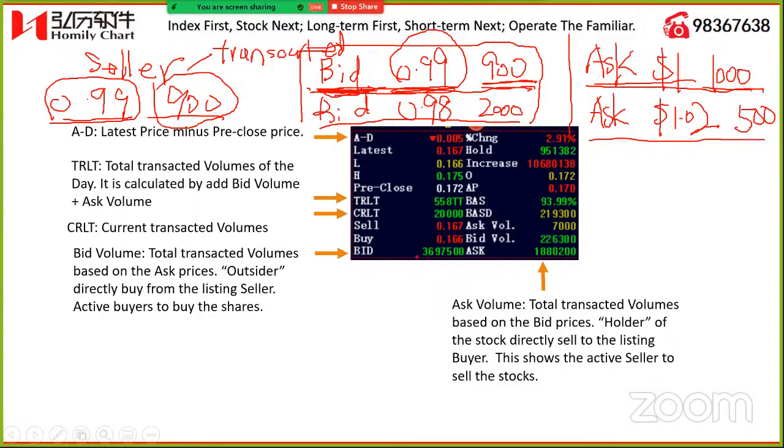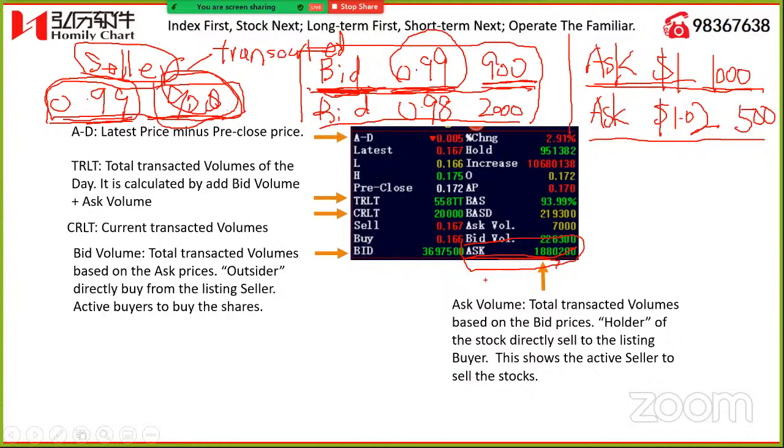But in our trading record, this actual transacted volume will be recorded as ask. It will be ask. Okay, because there's an active seller selling at 0.99, 900 shares. So this is a show.